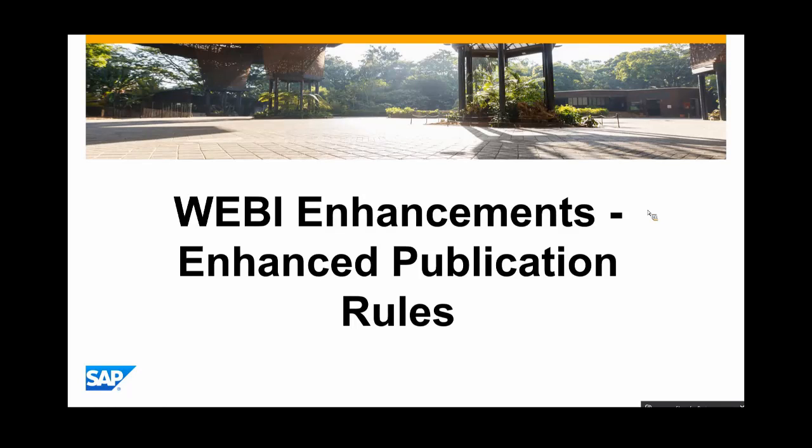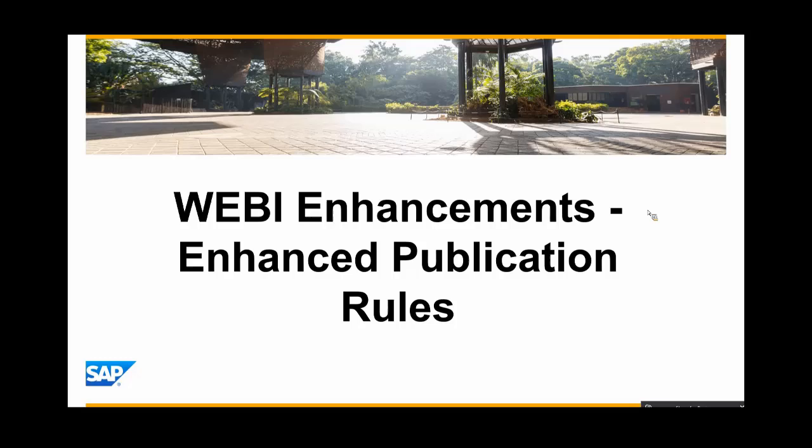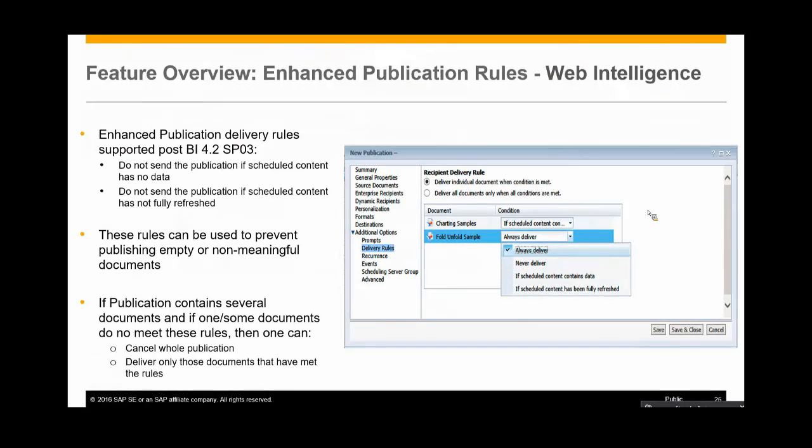The next enhancement is going to talk about some publication rules which have been improved to give more control on what you're doing in terms of publications. With BI 4.2 SP3, there are options for you to impose some rules while doing your publications.